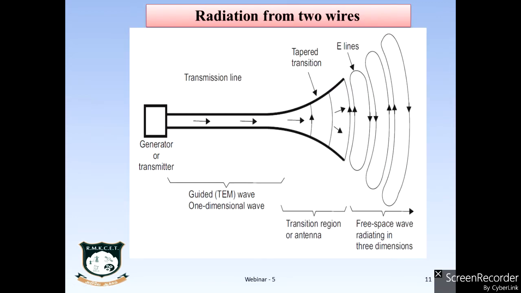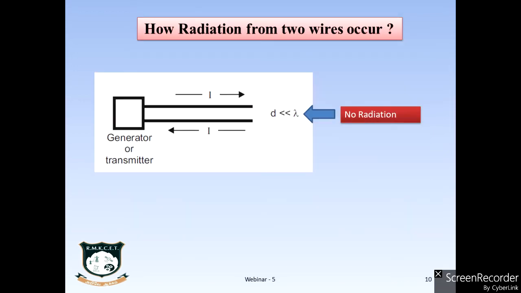Now when can the two wires transmit the power, or when can the two wires radiate? Whenever the two wires are very close to each other, when the distance between the two wires d is very much less than the wavelength, then it will not radiate.